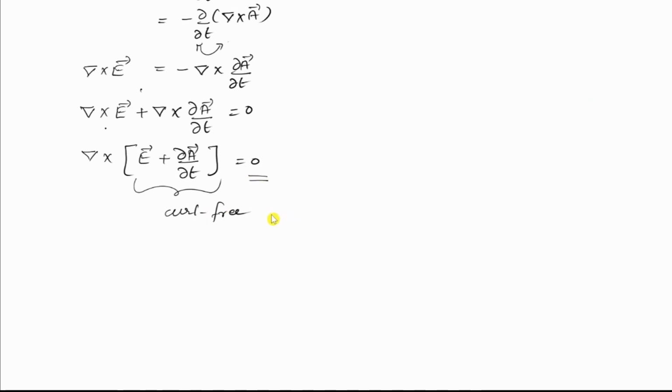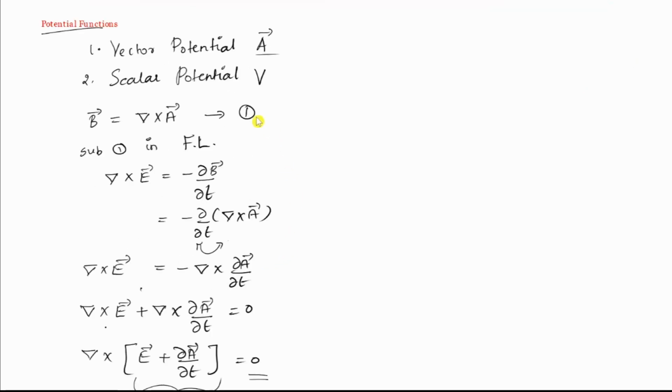So we can say it as curl free. Now, if any term is curl free, we can write that E plus dou A by dou T term as minus a gradient of a scalar. Okay. So here the scalar we used is the scalar potential V.